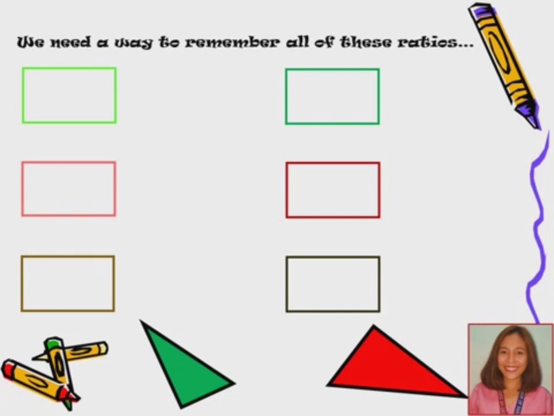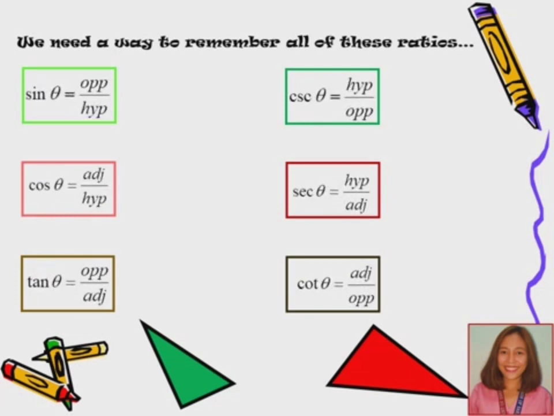With the given definitions of our trigonometric ratios, we need a way to remember all of these ratios, wherein they will be abbreviated. Sine theta will be called SOH, where S stands for sine, O stands for opposite, H stands for hypotenuse.